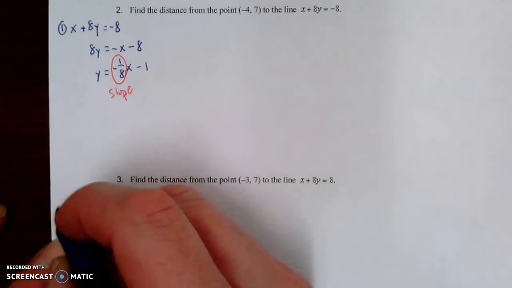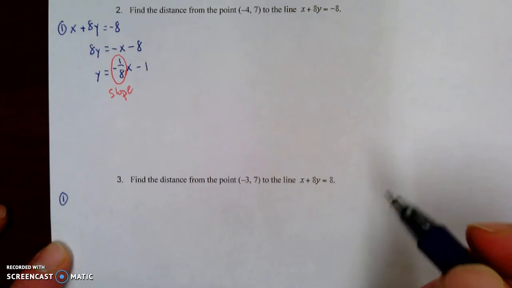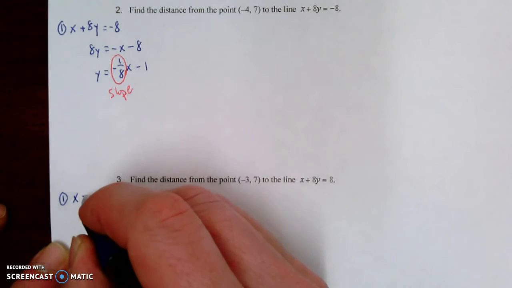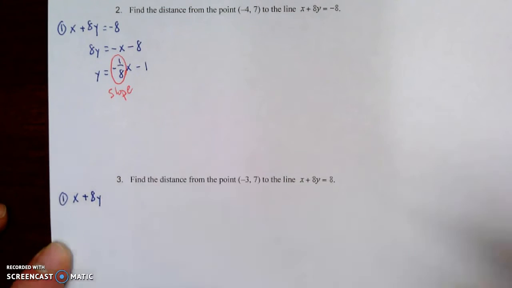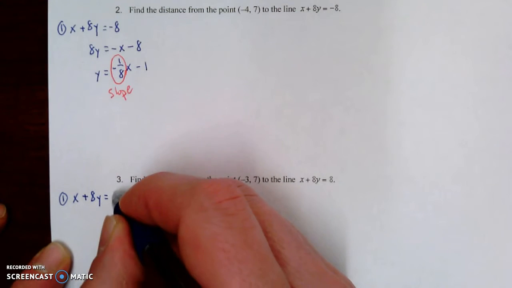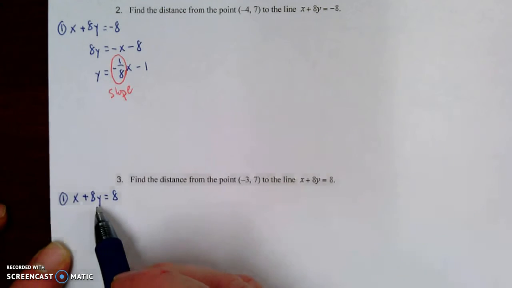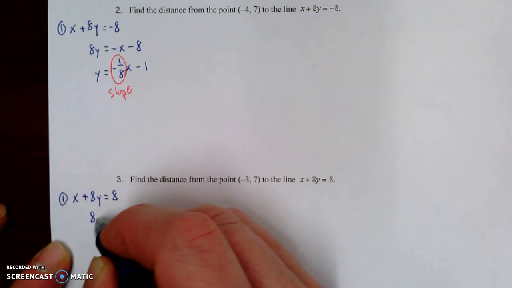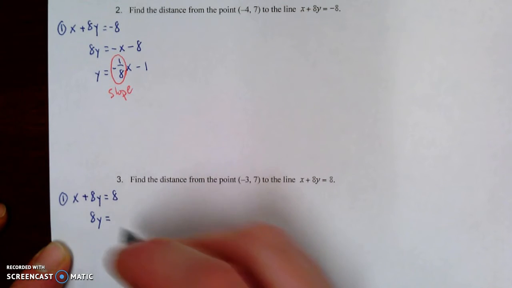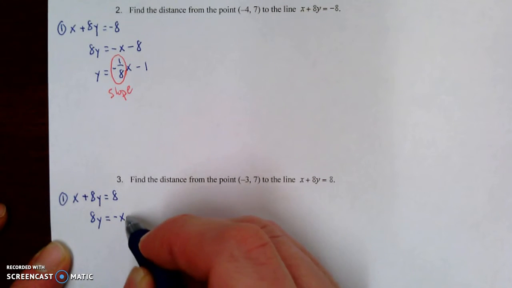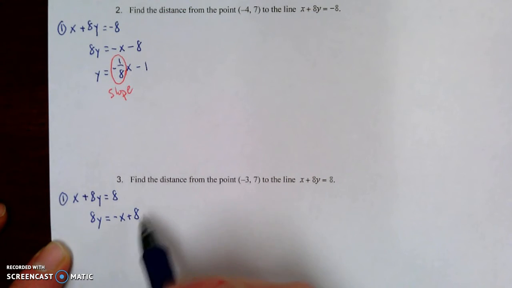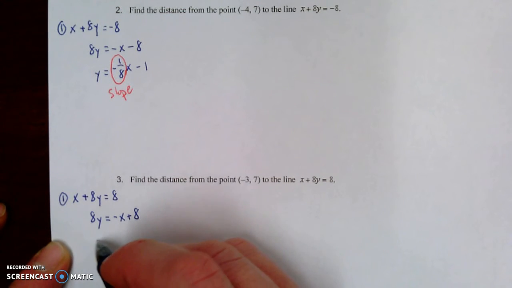Okay, so our first step, we're going to take the line x plus 8y equals 8. I want to get the y by itself, so I need to get this term by itself. So we're going to subtract x from both sides. 8y equals negative x plus 8. And then we're going to divide by 8 all the way across.